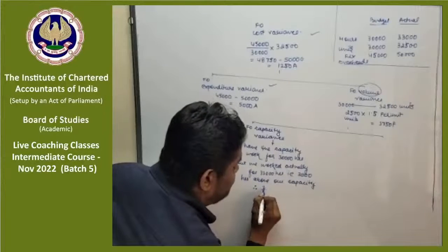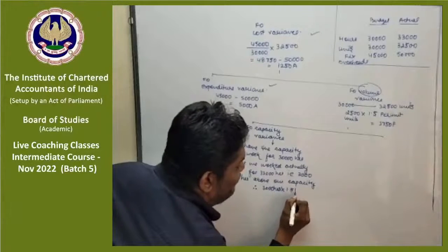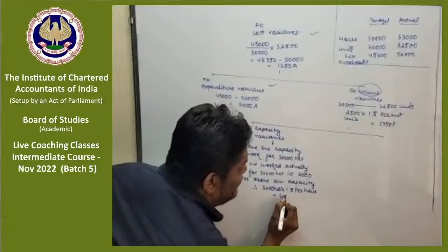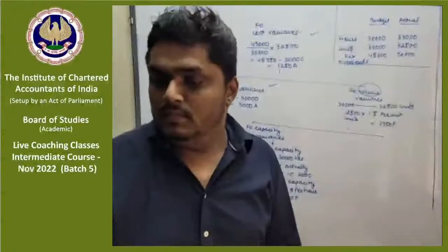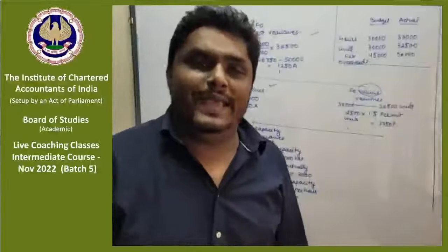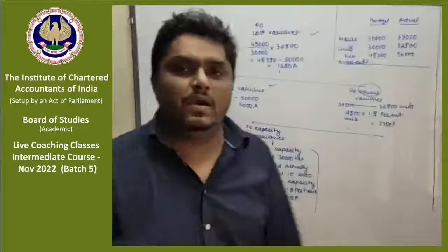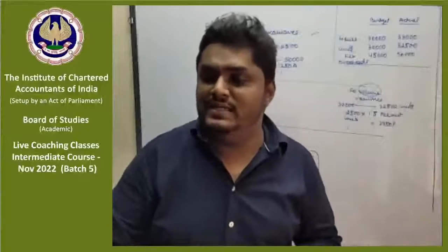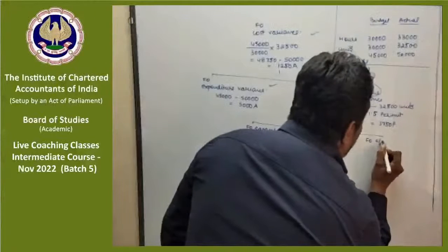Therefore, 3,000 hours into 1.5 per hour rate. So this will be 4,500 favorable. So no calendar variance will be calculated, and yes, it will impact the capacity variance because the days are not given. So we will assume that the days are the same, that is budgeted and actual days are the same. Now again, no change in efficiency variance.